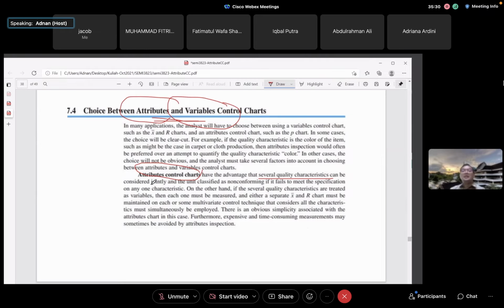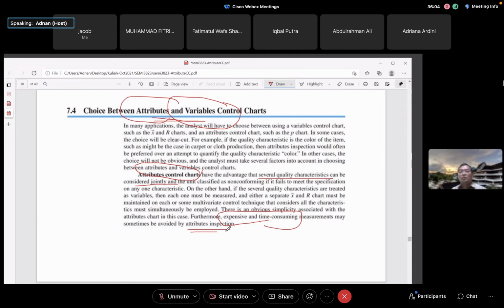For example, with the D chart, you can consider multiple types of defects at once. But if you are using variable, you are monitoring only one type of parameter. So this is expensive and time-consuming.